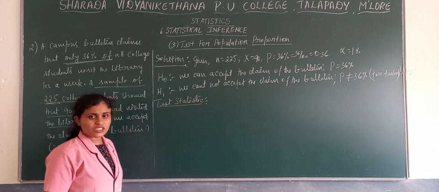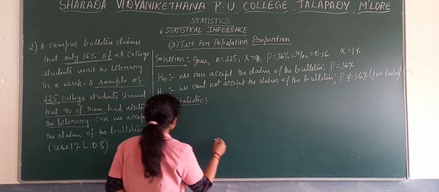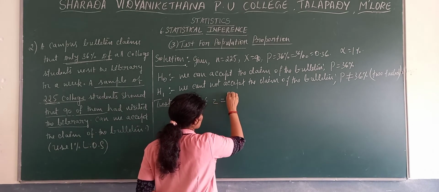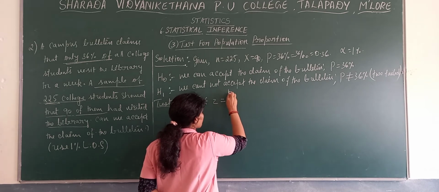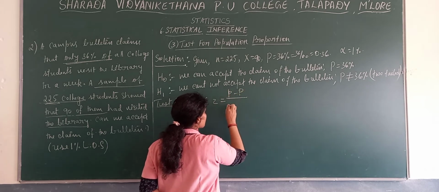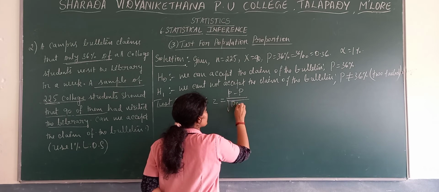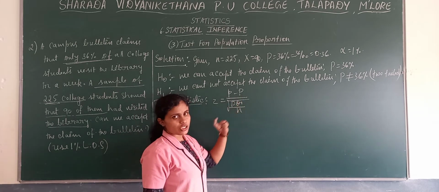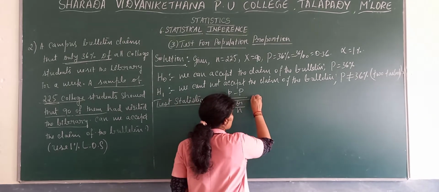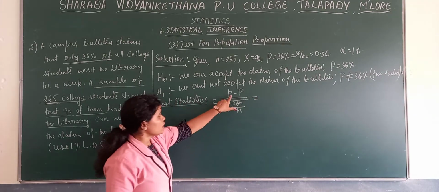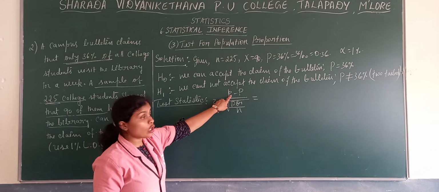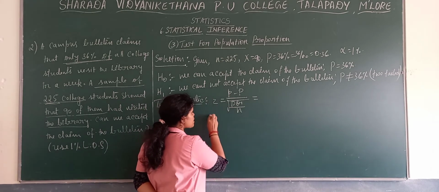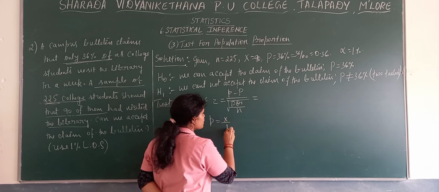Now take the formula there. Here the formula goes like z is equal to p minus P divided by root PQ by n.